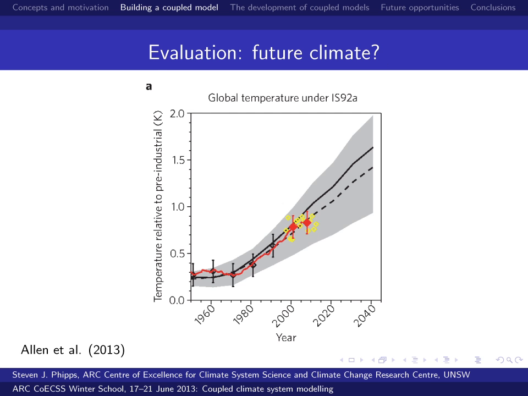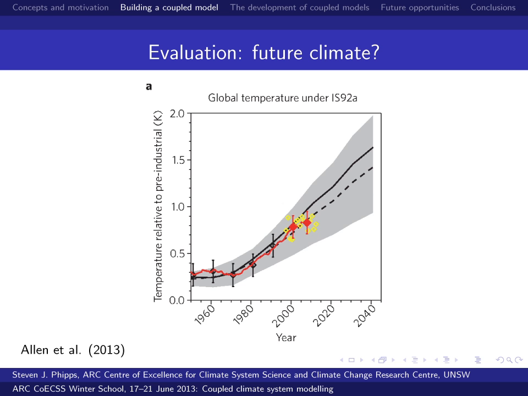Now, you can't really use future climate to evaluate your model without a time machine, but someone did do something quite cool just within the last few weeks. Someone took a set of climate projections from 1996 and checked 16 years later how well they've done.